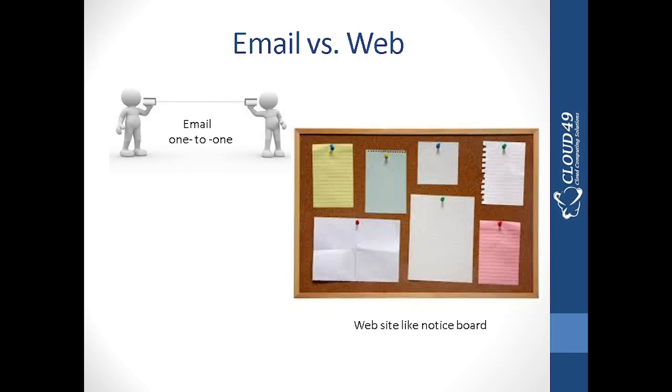But a website is one to all. It is just like a notice board where you put anything, and anybody can check it and read it. This is the website. So you need to understand the difference between a website and email.